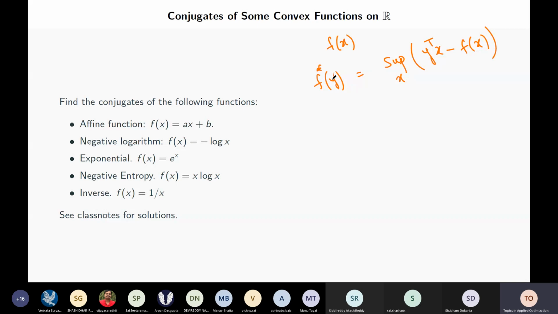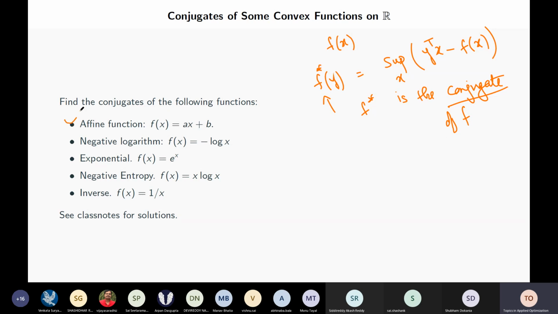So f star is the conjugate of f. This is something we did in the last class, and we want to continue from there.